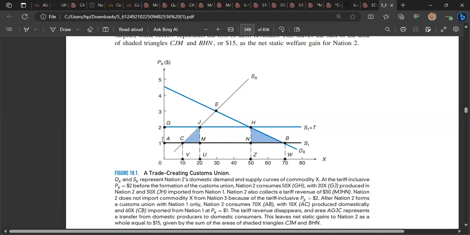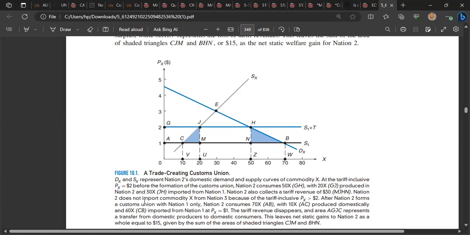The difference gives you the tariff, so you multiply the tariff by the units imported to give you the revenue the government is gaining. We'd like to assume that, with no corruption, this revenue is used to improve the welfare of the country.